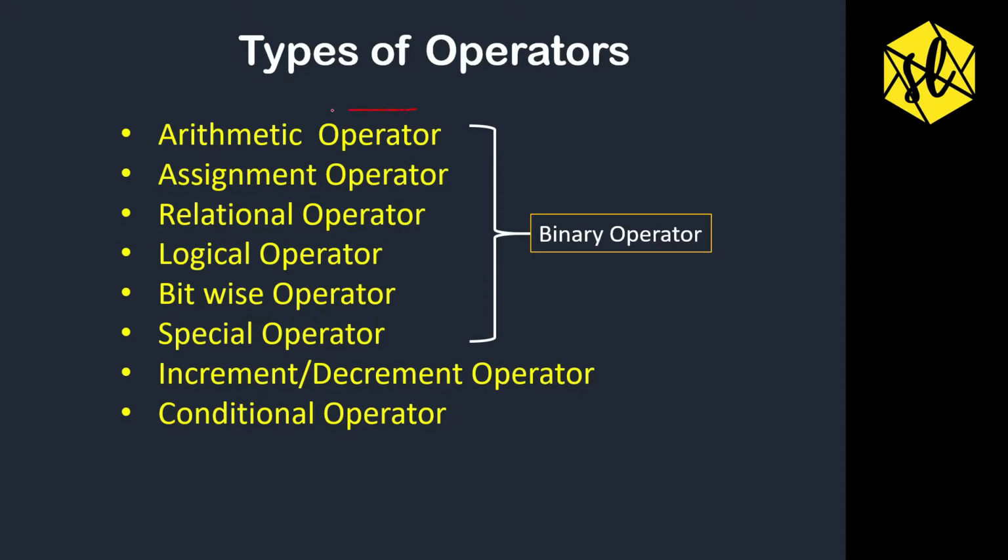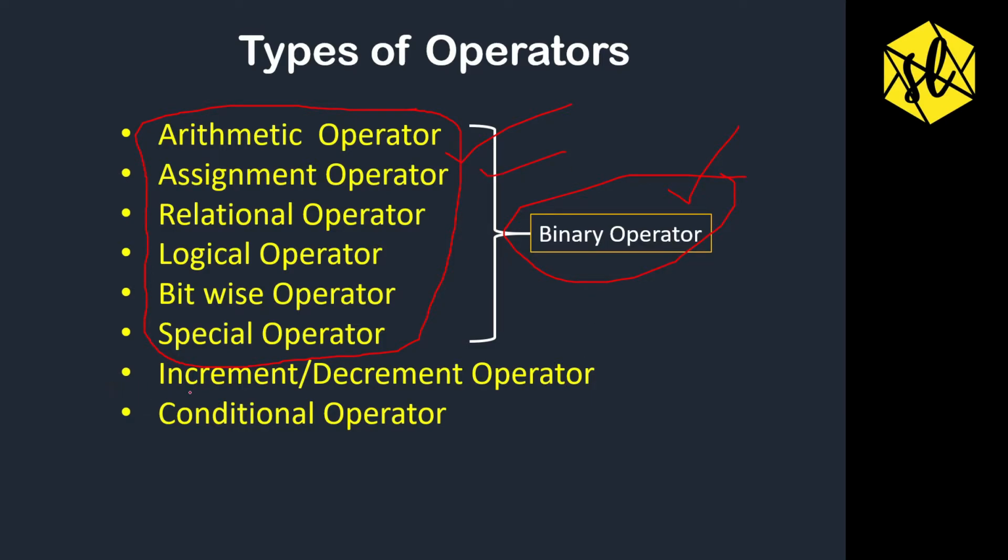Now these arithmetic operators, assignment operator, relational operator, logical operator, bitwise operator, and some special operators are generally termed as binary operators. Why? Because they need two inputs to give certain outputs. That is, they need a minimum of two inputs to give some output. We will see them in detail in further videos.